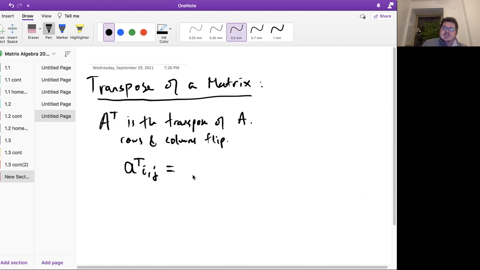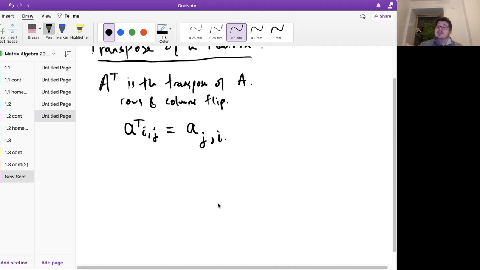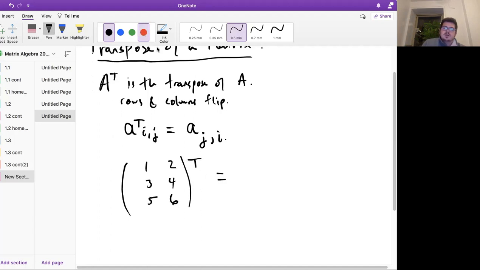Good, yeah. Since the rows and columns flip, doing the transpose of a matrix flips the coordinate. So the ijth entry in the transpose is exactly the jith entry in the original matrix. For example, if I do 1, 2, 3, 4, 5, 6, transpose, this entry is the 1, 2 entry, right?